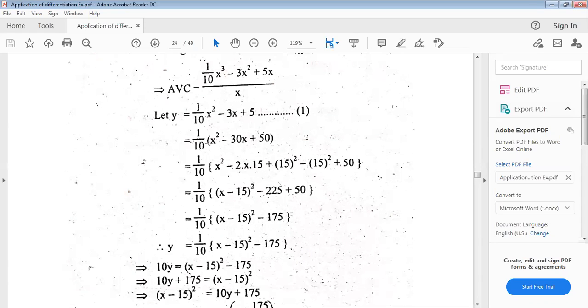So this equation 1 can be written like this: x square minus 30x plus 50. How do we get this? By multiplying by 10.